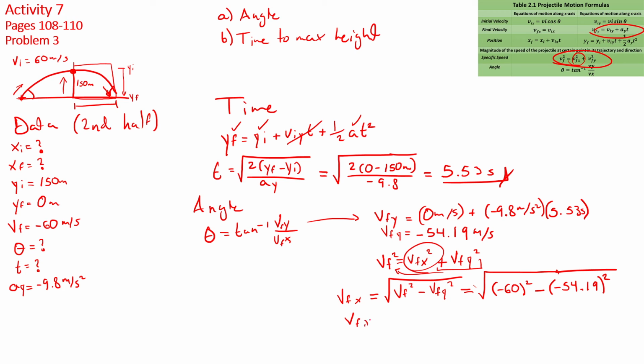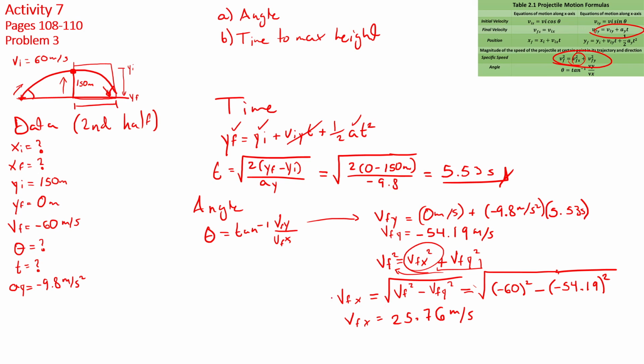And the final velocity in the x-axis will be, let me do the operation, you can do it with me, negative 60 raised to the square. Remember to include the negative 60 inside the parentheses. Minus 54.19 squared. And I got 25.76 meters per second.